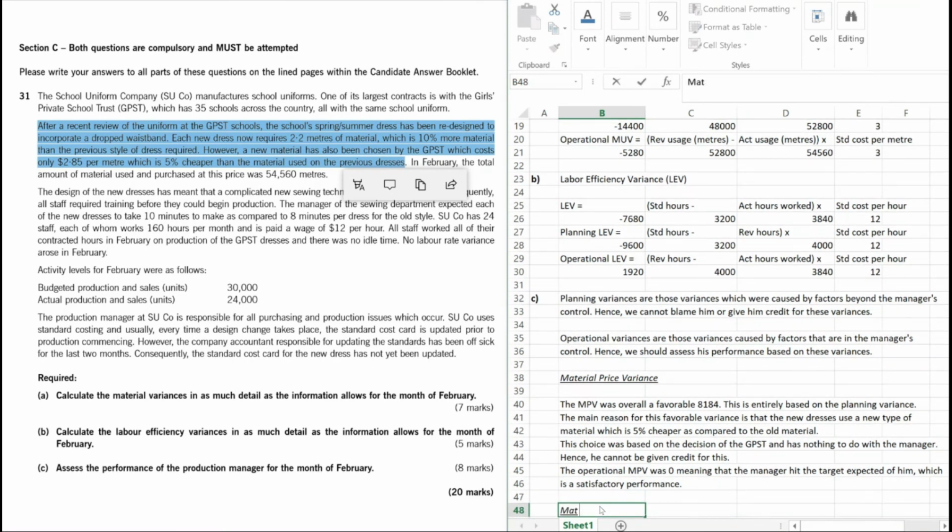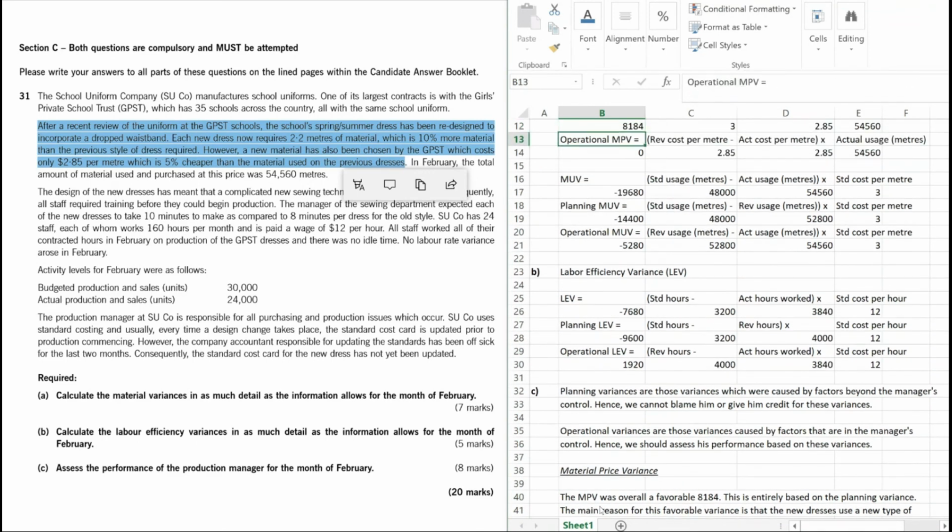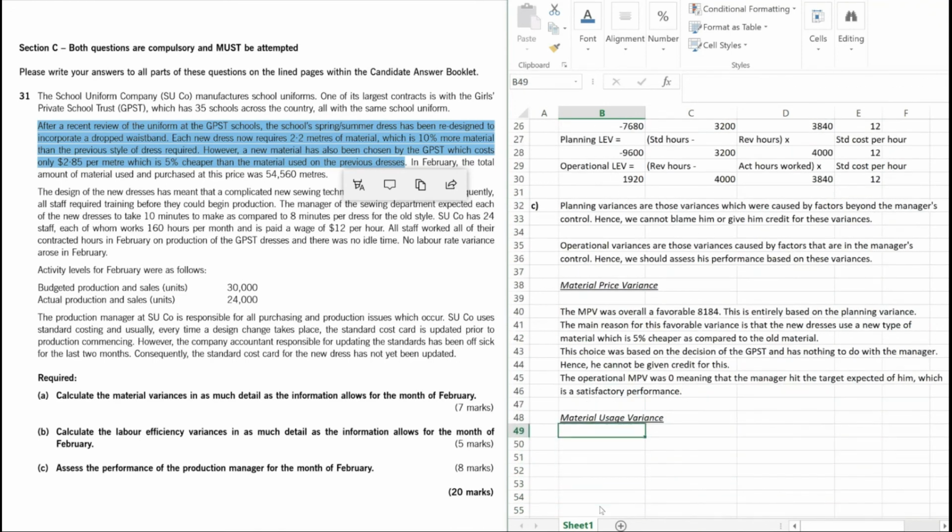Let's move on to material usage variance. Once again we'll start with the overall analysis. The material usage variance was a resounding adverse variance of 19,680. Most of that had to do with the planning component, but some of it also had to do with the operational component. So the material usage variance was overall largely adverse by an amount of 19,680, right?